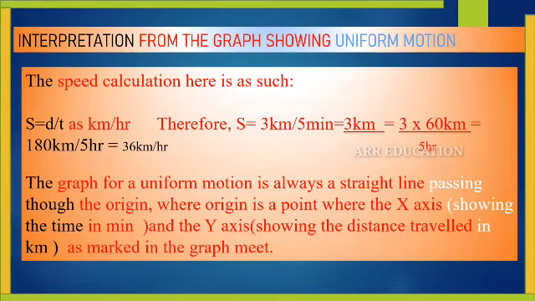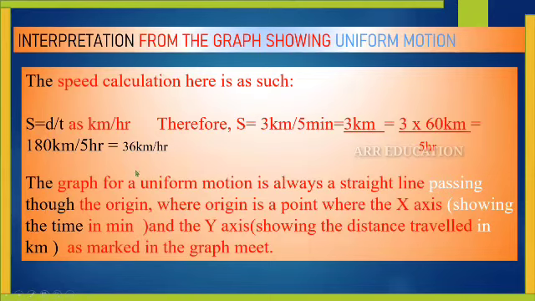Even if 5 is there, it doesn't notice it so much. So when things are simpler, definitely it's easier for us to understand. That's why we are dividing it and making it 36 kilometers per hour. So the answer is 36 kilometers per hour, which is equal to 180 kilometers by 5 hours.